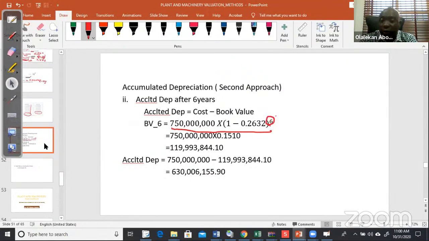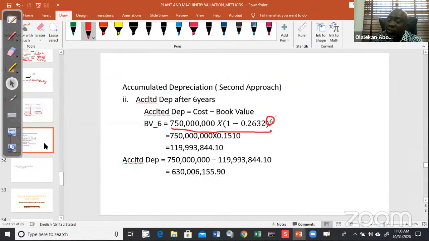Remove that depreciation for year one from 1 million and 50. You get book value. You apply that 0.4 again, that is 4%, on that book value you have gotten to get depreciation for year two. Whatever depreciation you get, remove it from the book value of year one, you get book value for year two. Apply 4% to book value of year two, you get depreciation for year three.